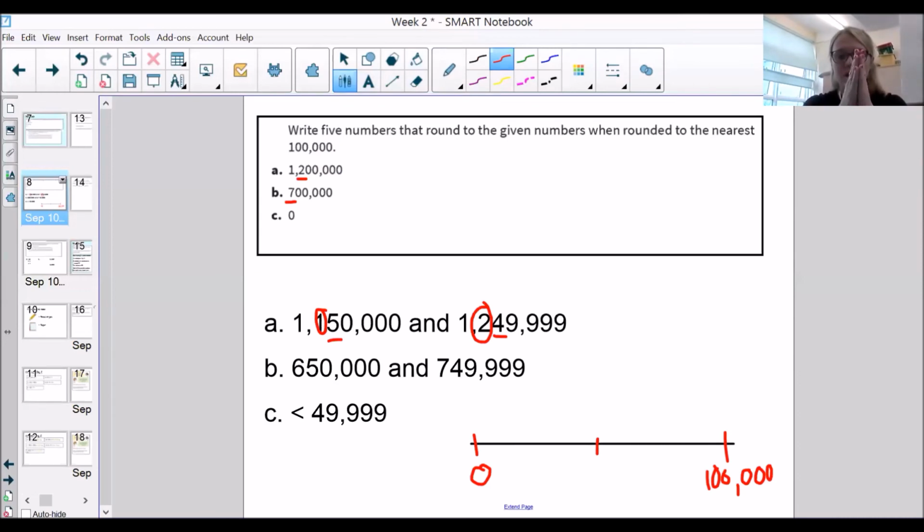If you're in the middle, the numbers on the right would round up to 100,000 and the numbers on the left would round down to 0. Okay, rounding to the nearest 100,000.